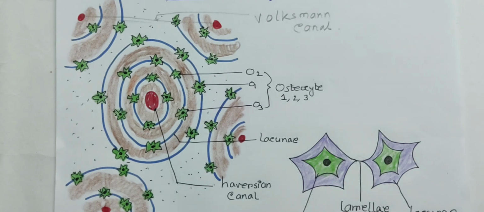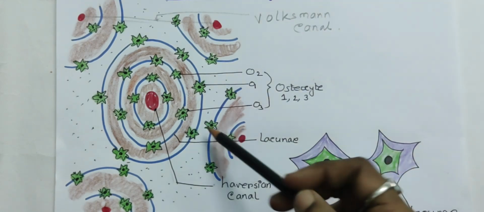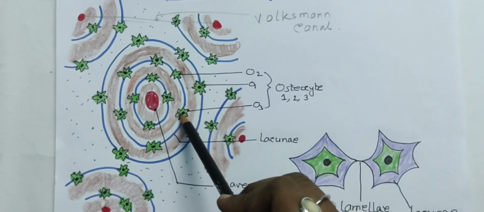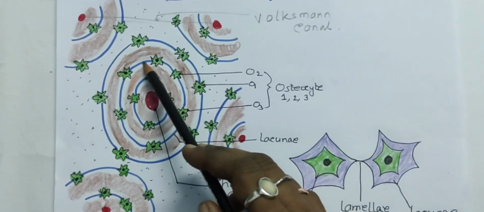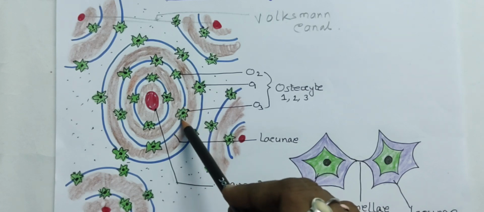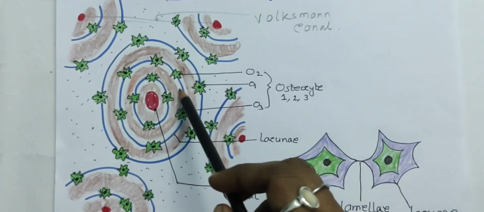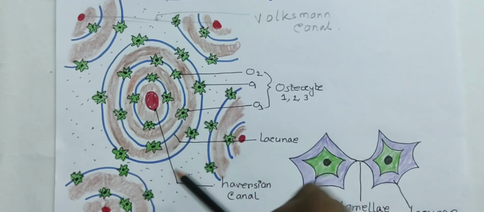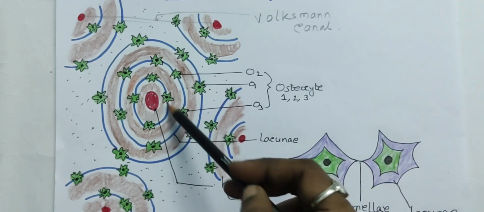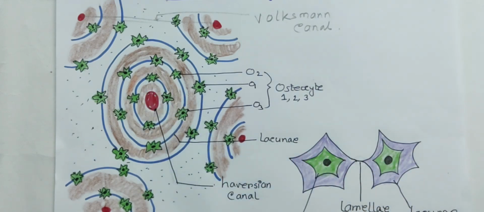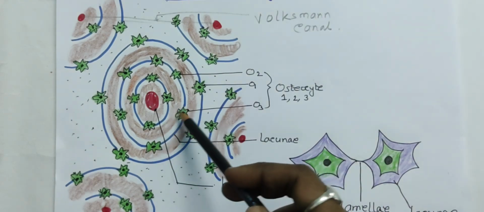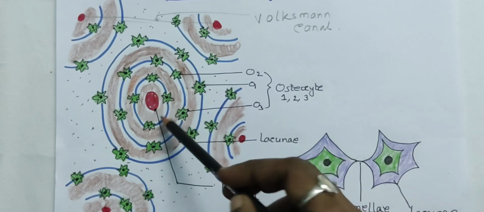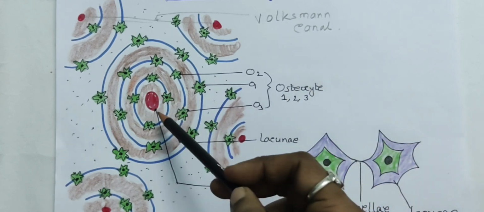Haversian system of bone. So in the Haversian system we can find that the osteocyte cells are linked by a structure called lamellae, and they form a ring-like structure. They form several rings, and they have a central canal that is called the Haversian canal.